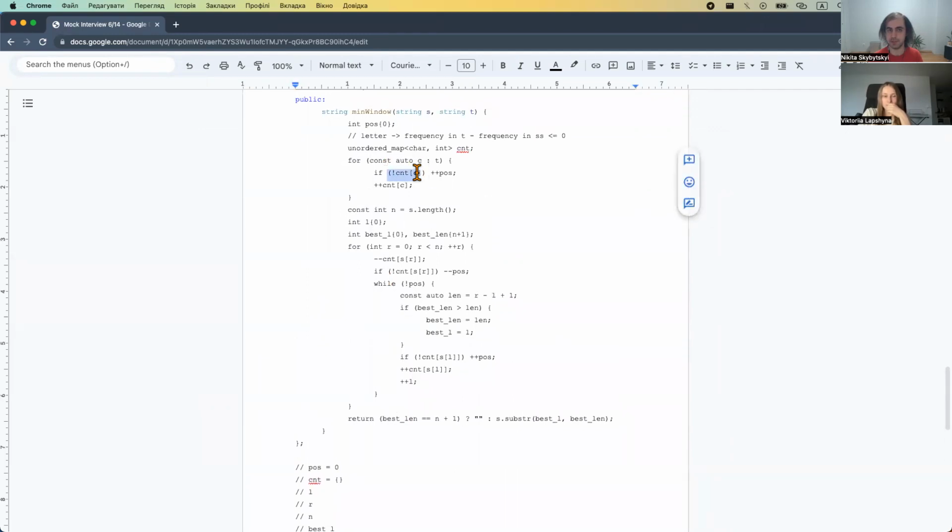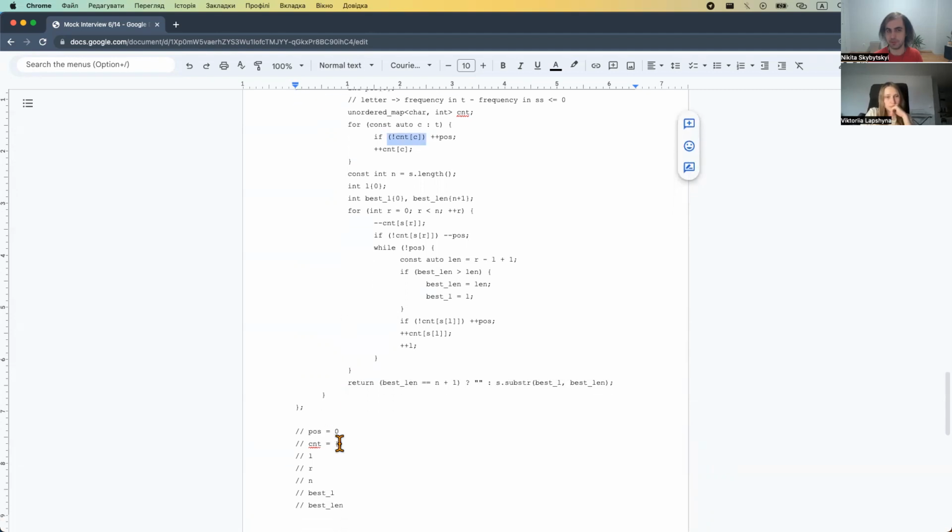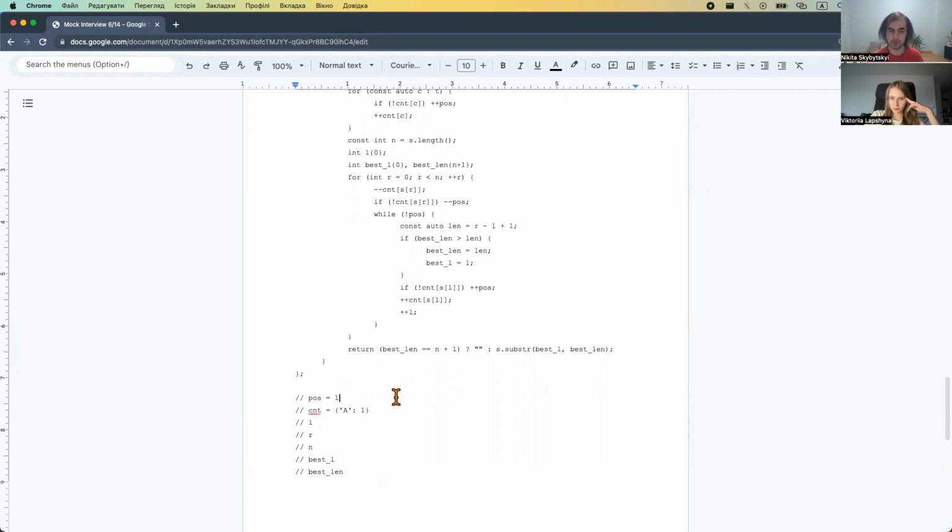Has it any frequency? If it's not in the map, then by default this square brackets operator will return 0, or rather the default value for the second type, which happens to be 0. So we will increment positive, and then we will increment for A the value in the map. In a similar fashion, we will add B and C to the map.